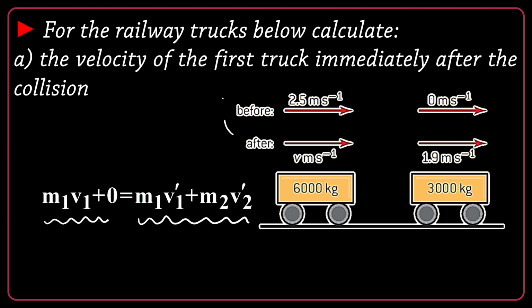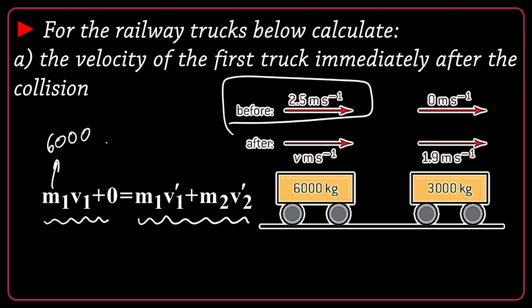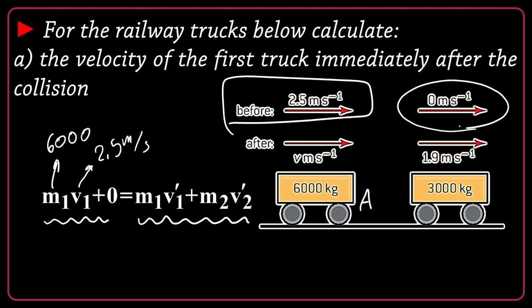M1 V1 is this, mass of 6,000 for cart A and the velocity of 2.5 meter per second. 0 is for cart B, which is initially at rest. After the collision, the mass of cart A is again 6,000. V prime 1 is my goal, I don't know.